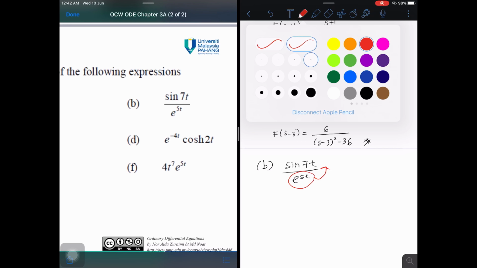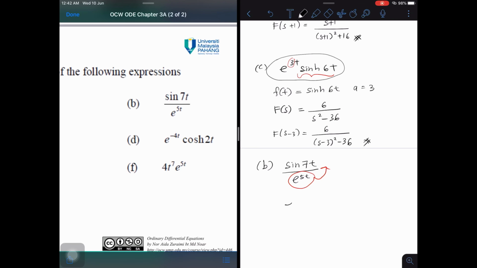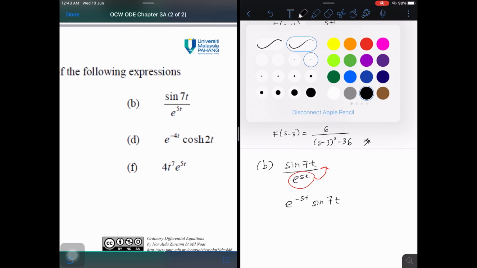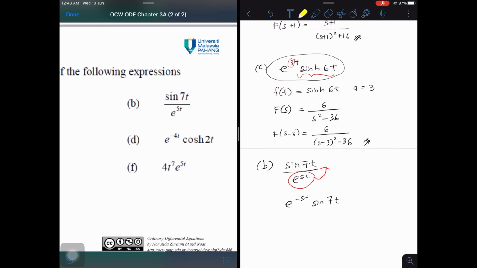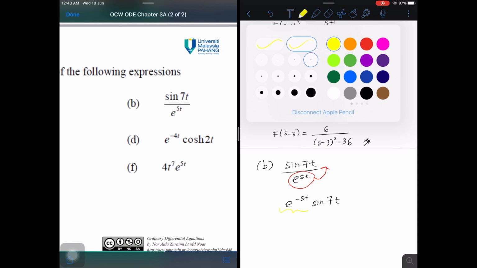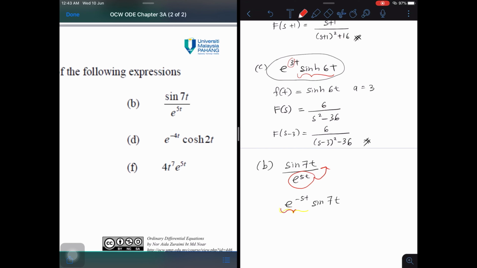So if you rewrite this function, you will have the exponent negative 5t sine 7t. Now you can see the combination of two functions. The first one is exponent negative 5t, and the second one is sine 7t. Because this is the combination of f(t) and an exponent, we can use the first shift theorem.